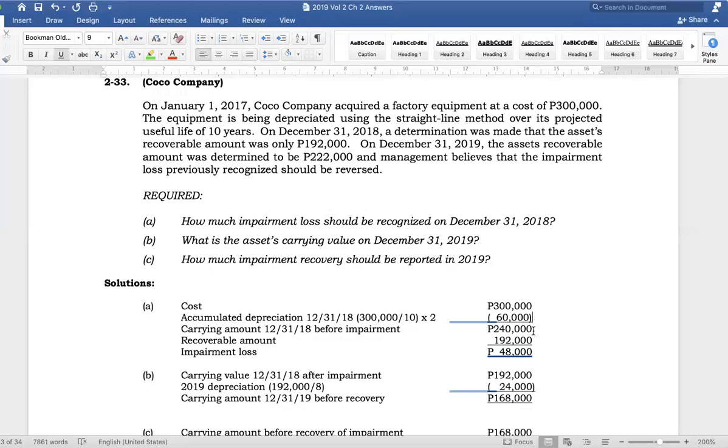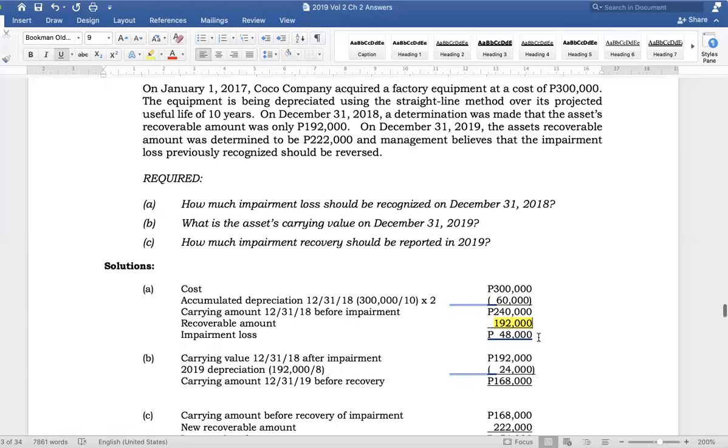So the carrying amount at December 31, 2018 before recording impairment is 240. The recoverable amount is determined to be 192. Hence, an impairment loss of 48,000 will be recorded. So, after recording impairment, again, the asset's carrying value has been adjusted to its recoverable amount of 192.